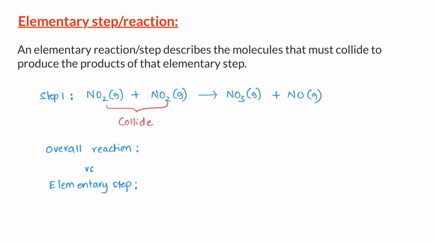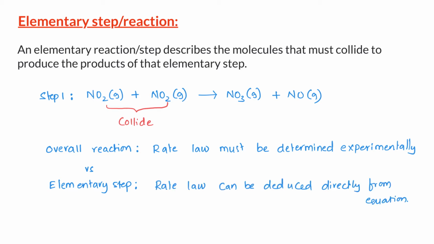For an overall reaction, we kept emphasizing that we cannot write the rate law from the coefficients of the stoichiometric equation. The rate law has to be determined experimentally. For an elementary reaction, however, we can deduce the rate law directly from the reaction stoichiometry.